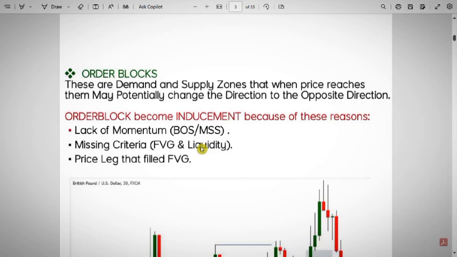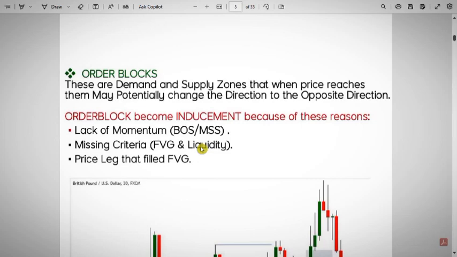I'm talking about a bullish market. If we are bullish and a bullish fair value gap was filled, we expect price to return, sweep that low, the leg that filled the fair value gap, and then tap into the order block below that fair value gap.